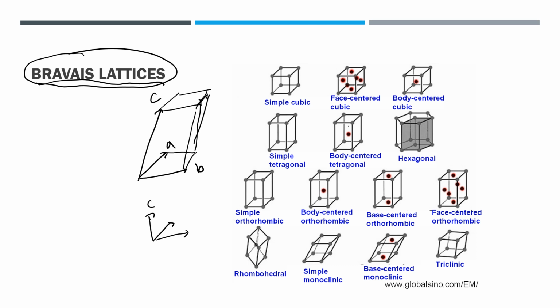And that's going to create a cube. So that's what we end up focusing on for the purposes of this video series, because they're much easier to analyze, and the others are overly complicated for our purposes.